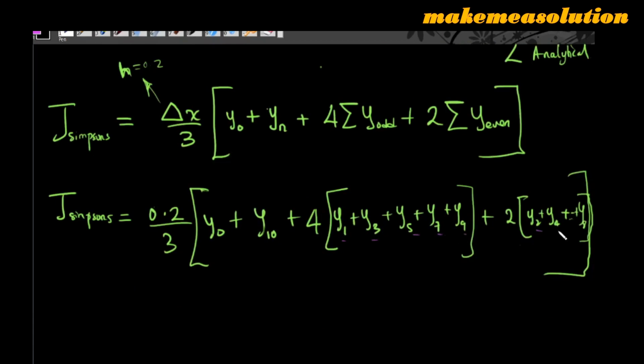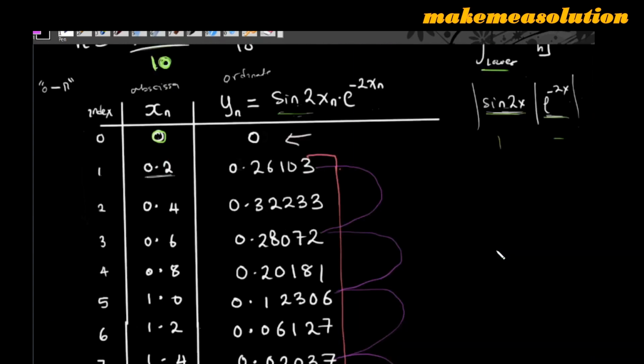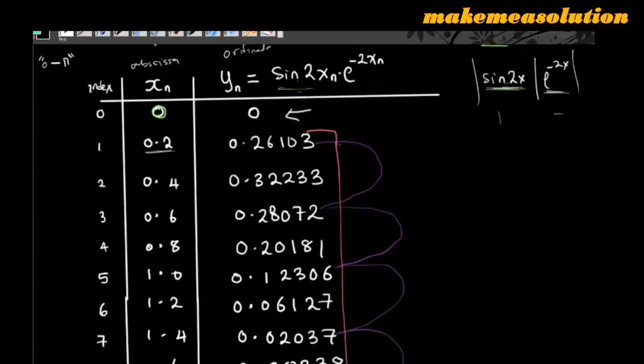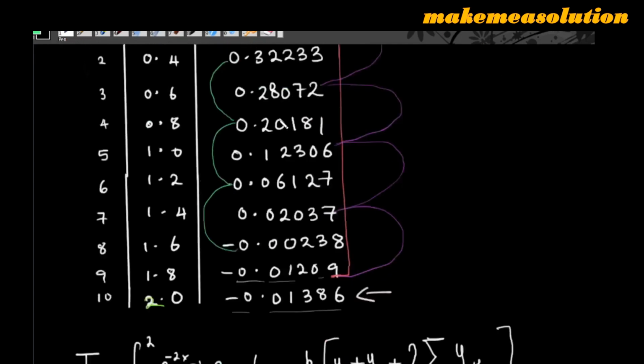Then the even ordinates will be multiplied by 2. So for the even ordinates, we're going to use another ink now. We're going to use green. So the even ordinates will be like this: 2, 4, 6, and 8 over here. So all these ones will be multiplied by 2.